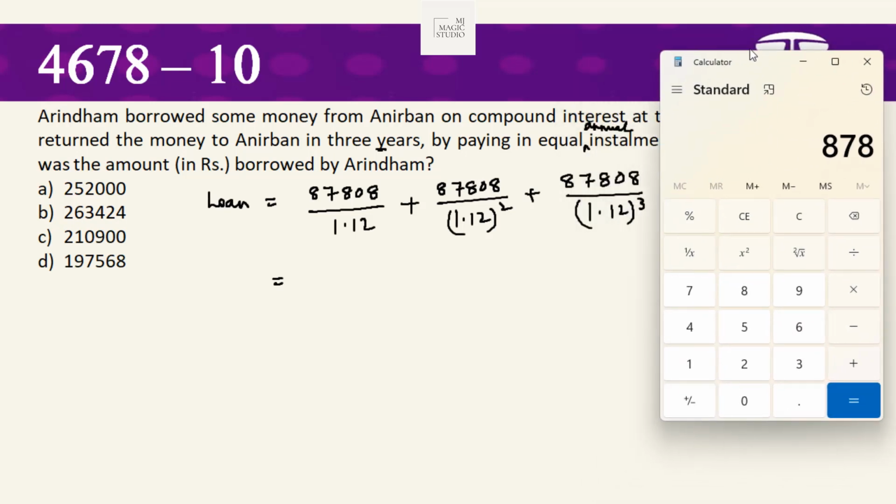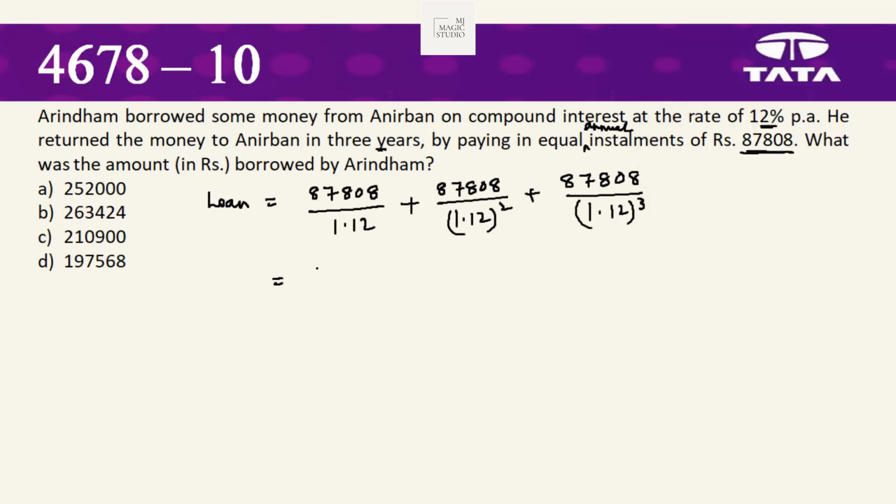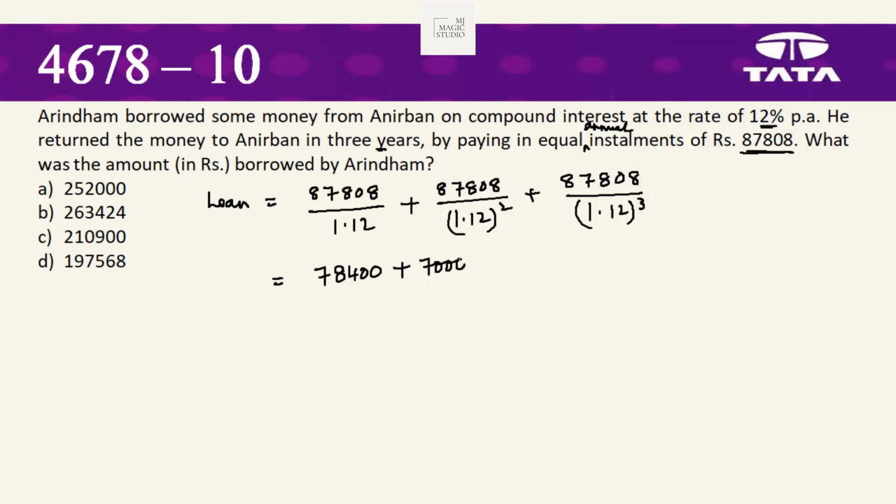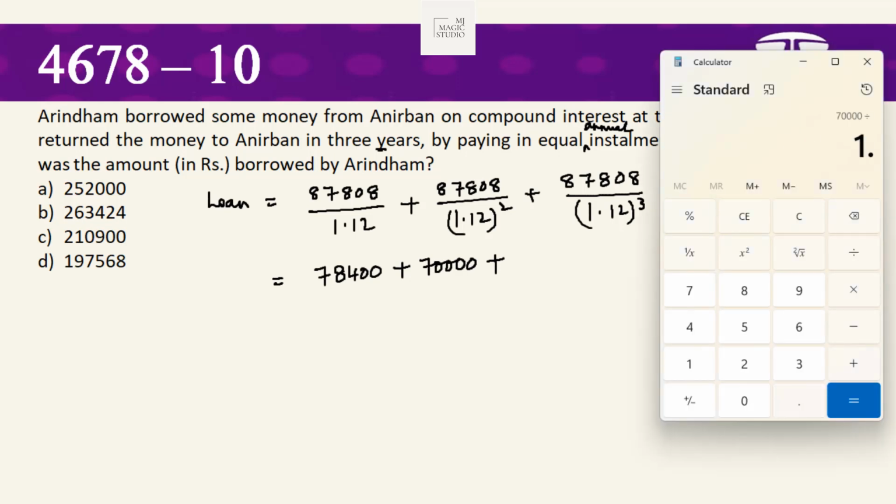First is 87,808 divided by 1.12, that is 78,400. Now don't delete that calculation. Divide this again by 1.12, that is 70,000. And again divide 70,000 by 1.12, that is 62,500.